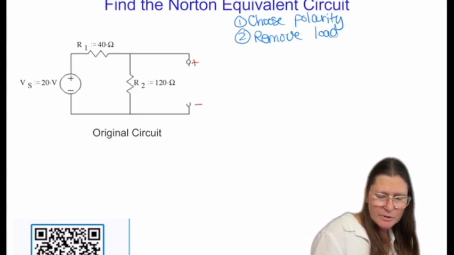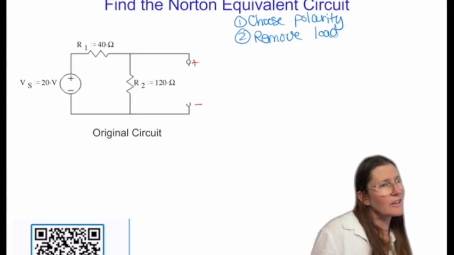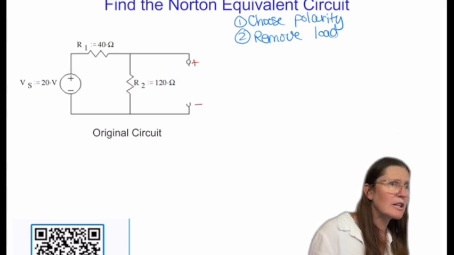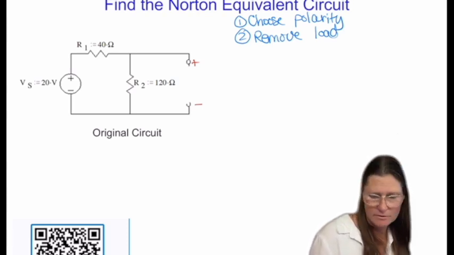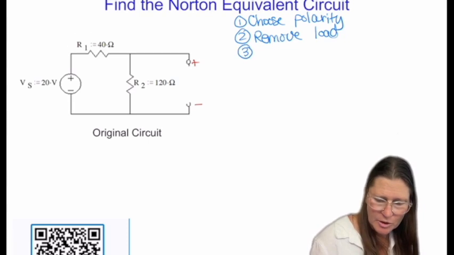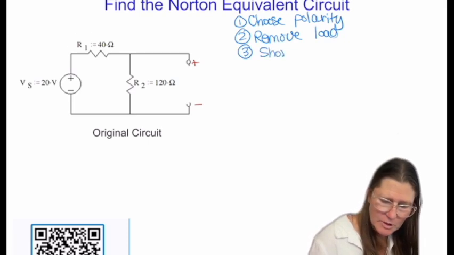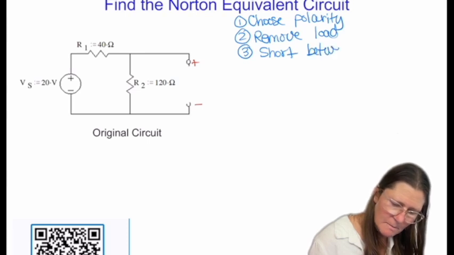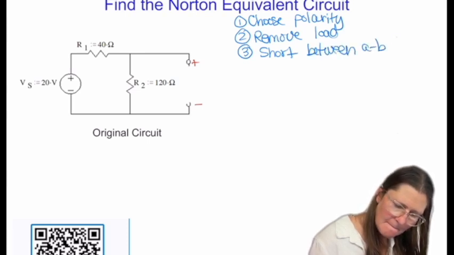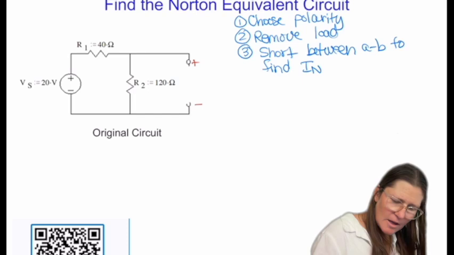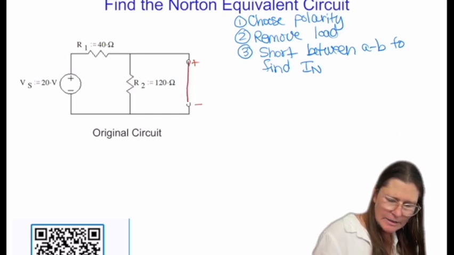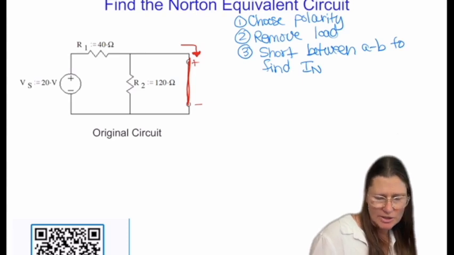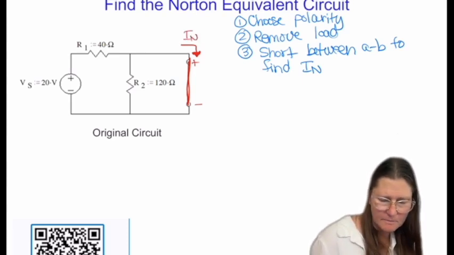And the difference between the Norton and the Thevenin is instead of finding VTH, now we want to find IN. So this one is going to put a short between A and B. And that will give me the IN. So once I find the current in this branch and going around in that direction, that's going to be IN.